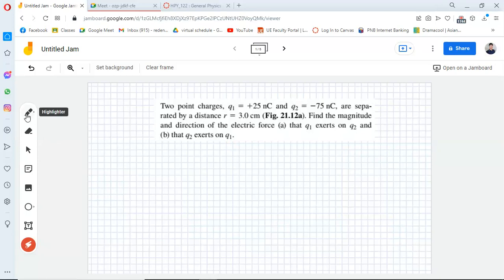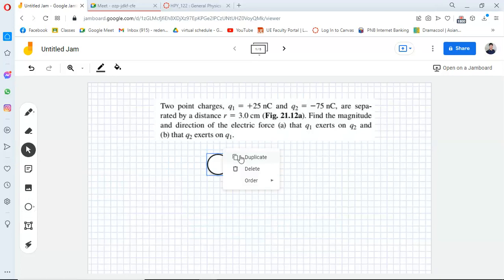But before we proceed in the solving, we need to visualize first what our problem looks like. It says here that we have two point charges. So let us try to sketch. This is our setup.